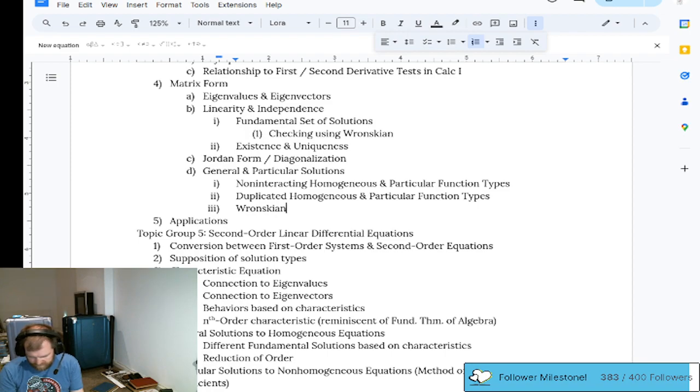No, not really. Particular solution. Matrices, 254 is the furthest along.